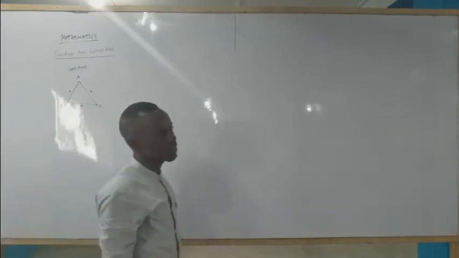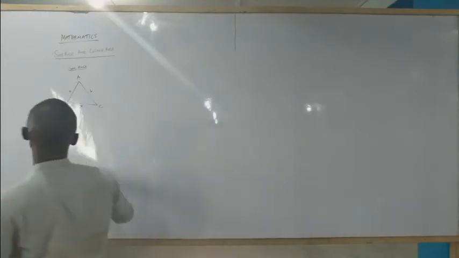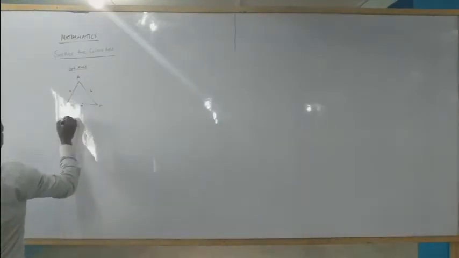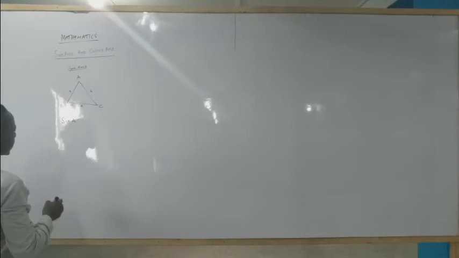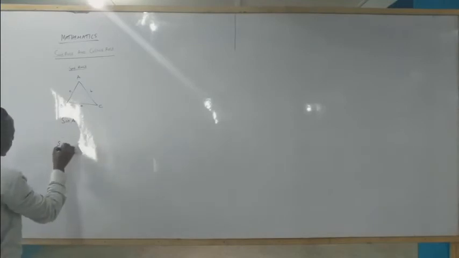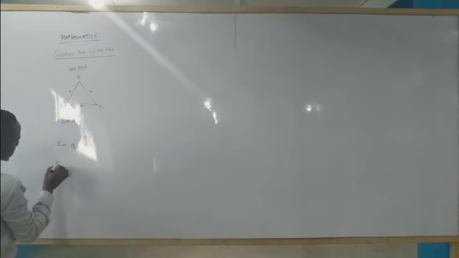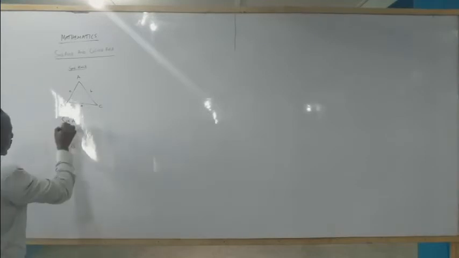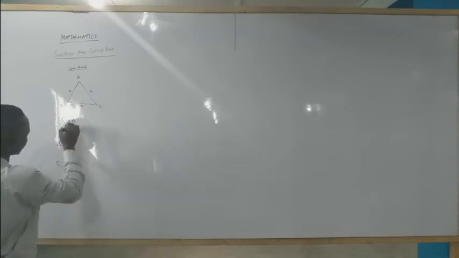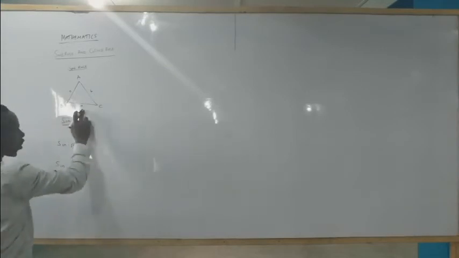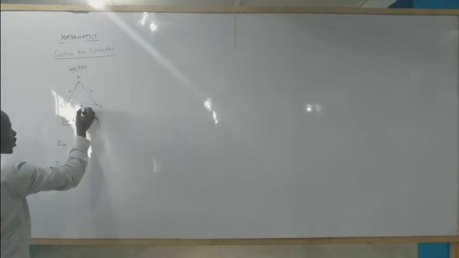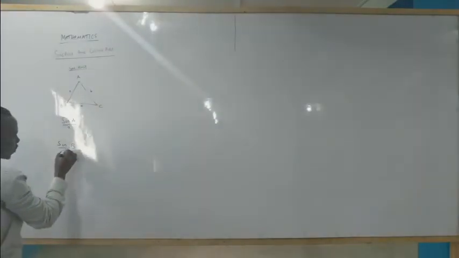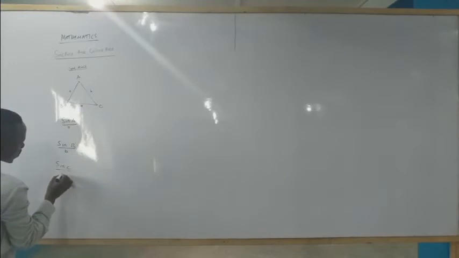So sine rule is saying that the sine of each angle, sine A, sine B, sine C, to the opposite or corresponding side. The corresponding side of this angle is a. So sine A over a, sine B over b, sine C over c.